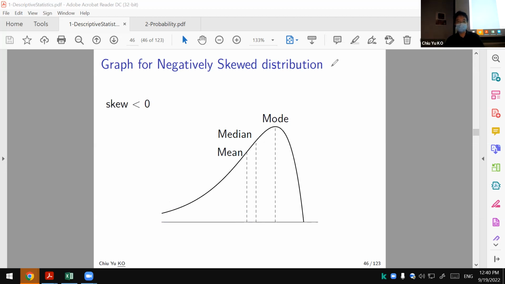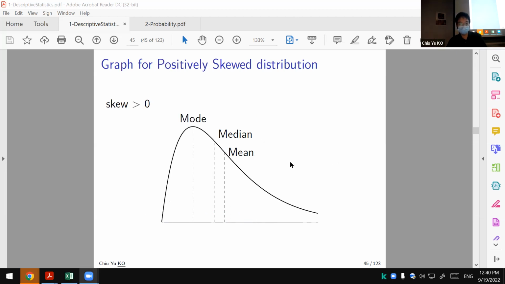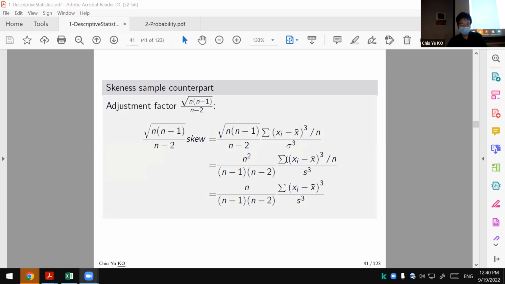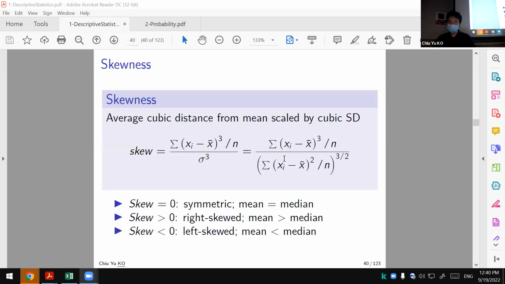And just to remind yourself why you would use the skewness measure: if the data is skewed, then you have to worry about whether using the mean and variance is sufficient for your analysis, right? Very often when you look at finance data, you look at the mean and variance.